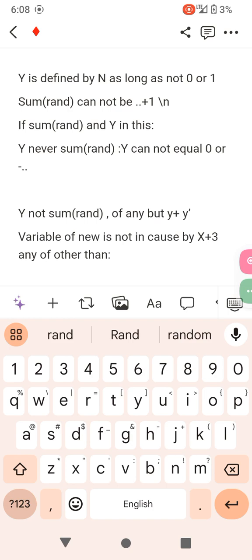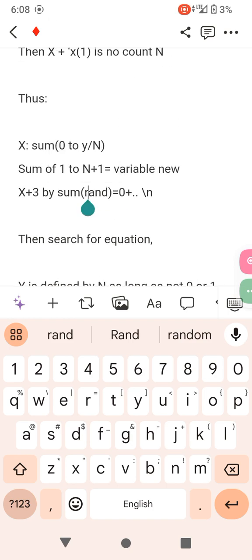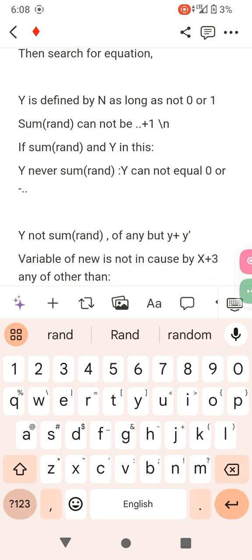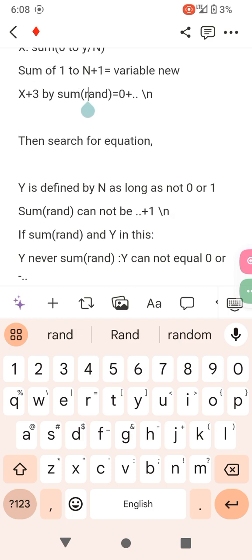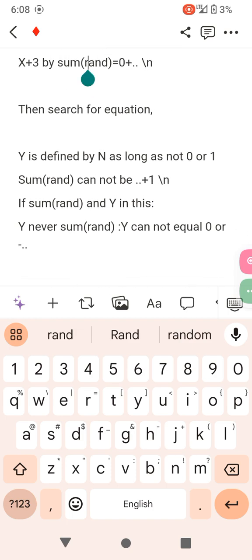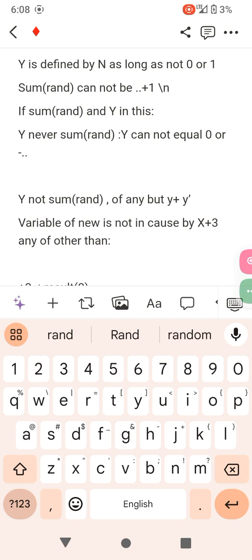And reasoned by this is that y then needs to equal something that is always in some idea undefining when x plus 3 occurs. And therefore variable of nu in cause by x plus 3 any other than then.